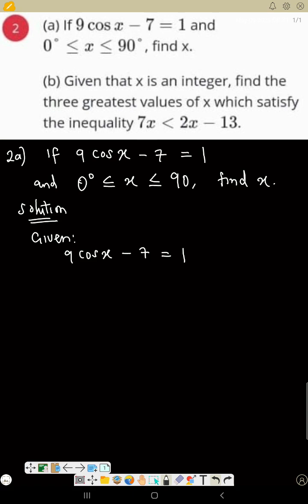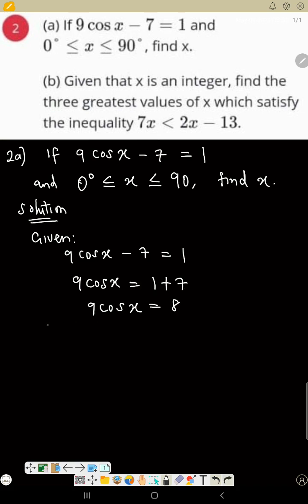So this becomes 9 cos x is equals to 1 plus 7. So that is, if this minus 7 crosses to the other side, it becomes plus. So 9 cos x is equals to 8. So 1 plus 7 is 8.